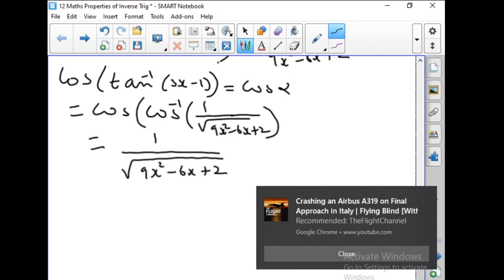Now similarly we have to prove the third one. What is the third one? Tan of sine inverse of x plus 1 by 2.